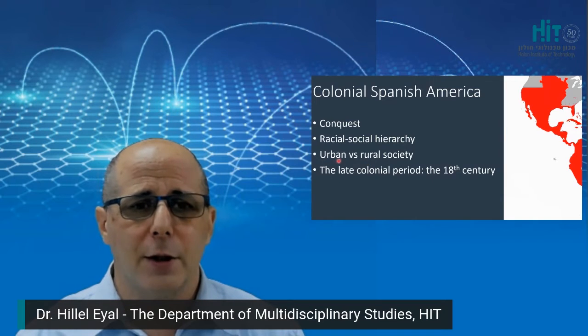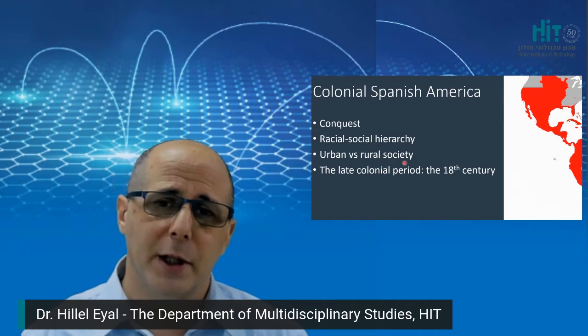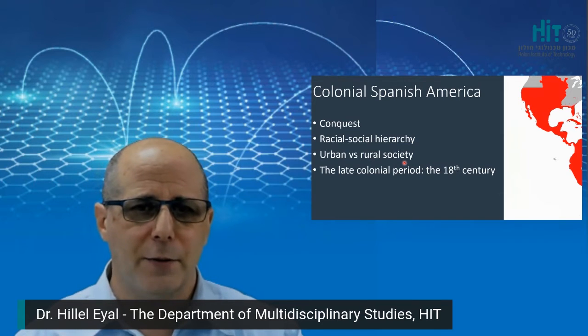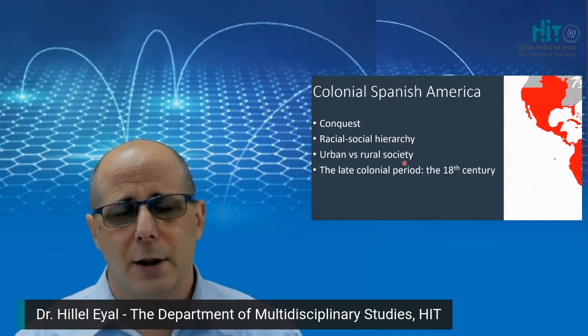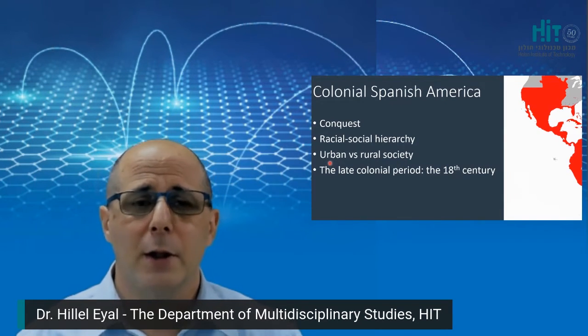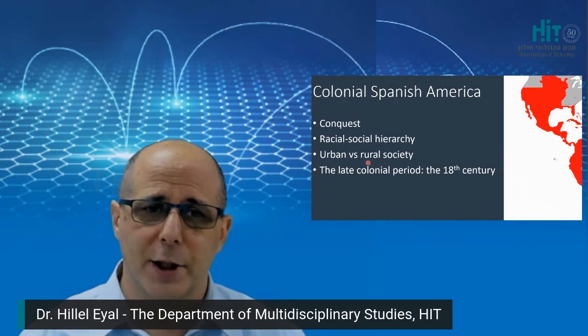In contrast to the urban areas, the rural society is predominantly indigenous, meaning it's mainly Indians. There's quite a great deal of separation between those two societies, and additionally, it is the urban world, the city, that controls economically and politically the countryside, that is the rural society.